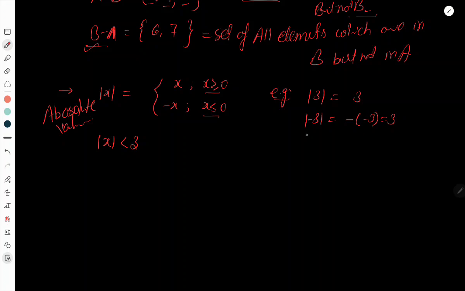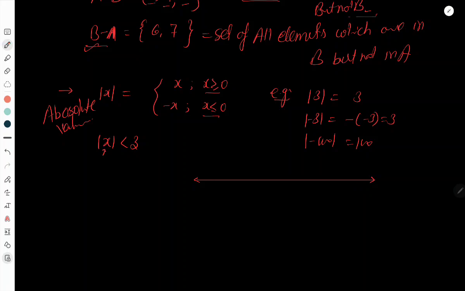So the meaning is, whatever number you take, the answer will be positive, whether the number is positive or negative. So here also you ask what numbers you can take from the real line so that the answer, modulus x, is less than 3. Whatever x you put here, the answer should be less than 3.